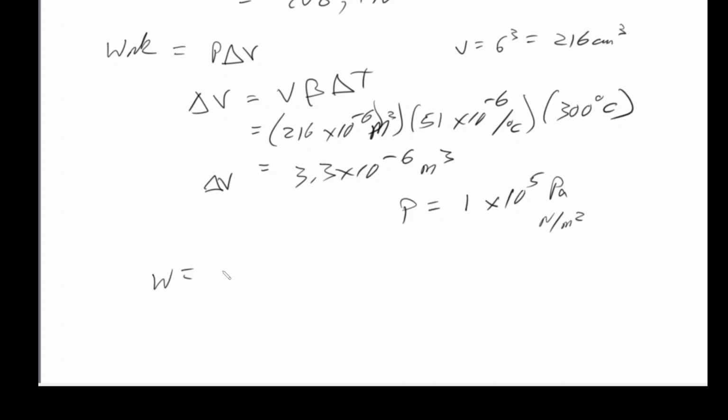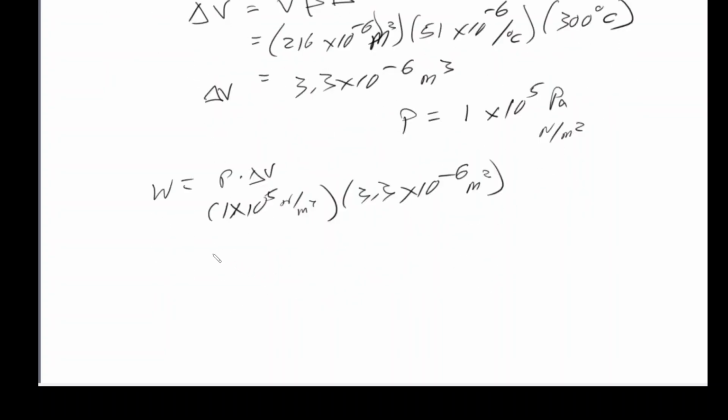So our work is equal to pressure times the change in volume, which is 1 times 10 to the 5th pascals times 3.3 times 10 to the minus 6 meters cubed, which gives us 0.33 Newton meters, or joules.